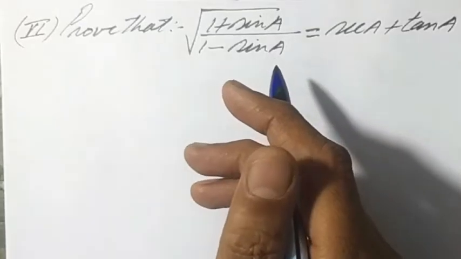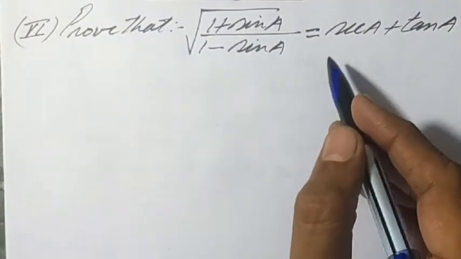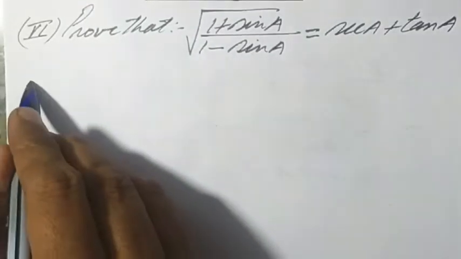Now the next sum is prove that under root 1 plus sine a upon 1 minus sine a is equal to sec a plus tan a. So let us take left hand side.